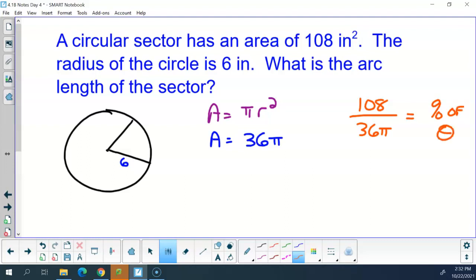So if you just had a circle, that fraction times what would give you the radius of the circle? Two pi. Yep.